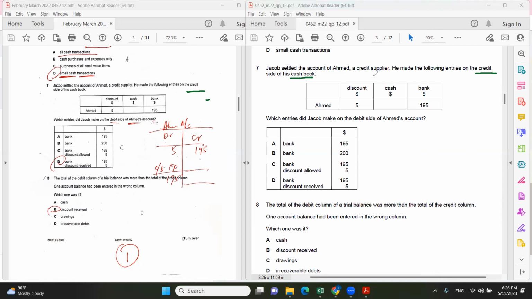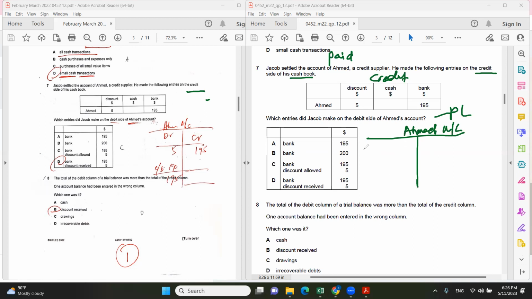So this is a credit side in the cash book. He settled the account of Ahmad, that means he paid Ahmad. Which entry did Jacob make on the debit side of Ahmad's account? Ahmad's account is under the purchases ledger. Jacob under purchases ledger will record on the debit side.